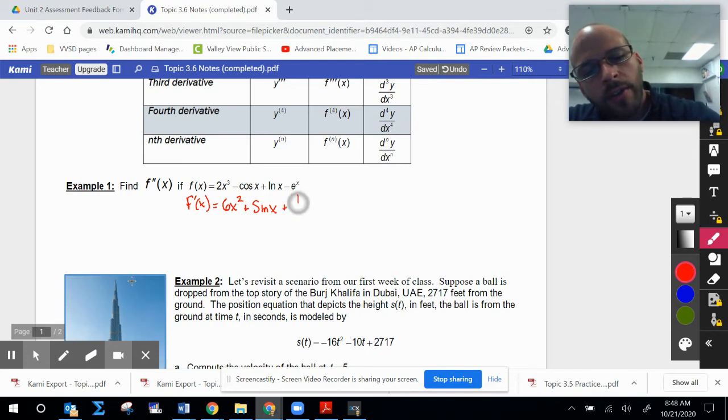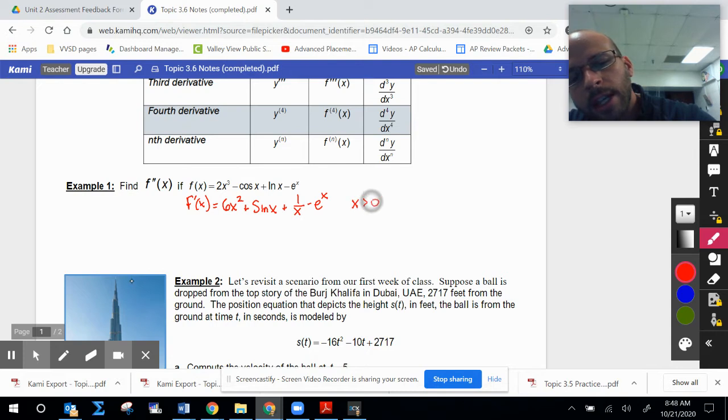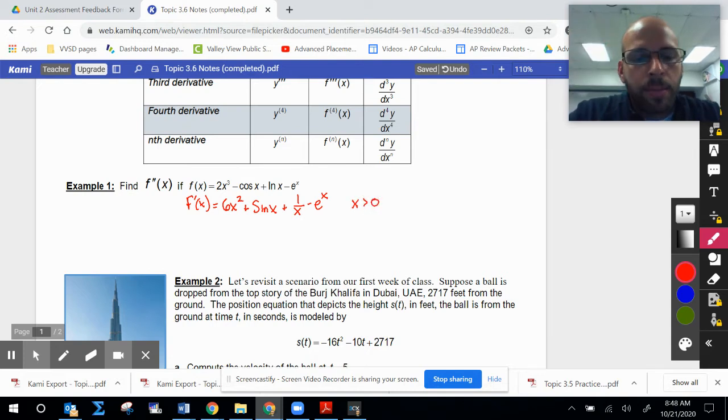The derivative of natural log of x is 1 over x. And the derivative of e to the x is still e to the x. Now, I should put on here that we do have this domain restriction. x is going to have to be greater than 0 because we had a natural log in there. It's only defined for x greater than 0.